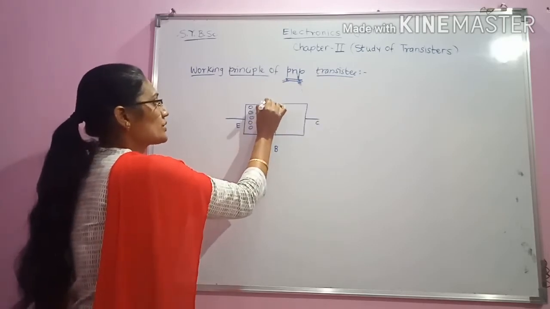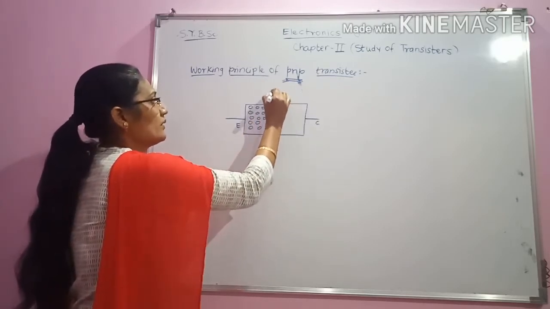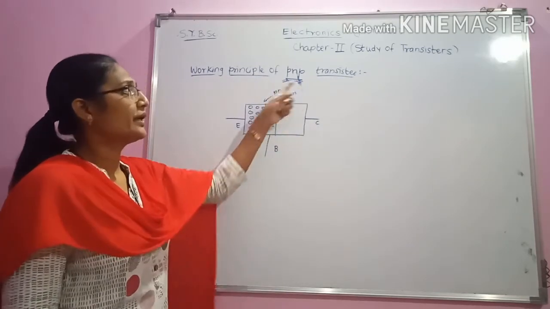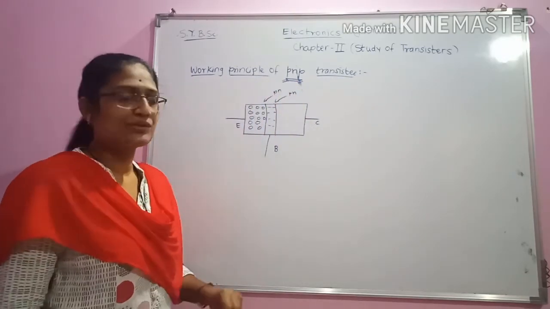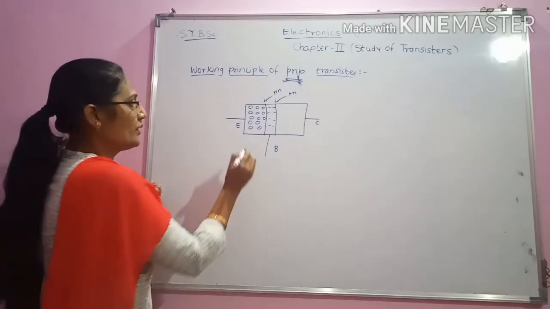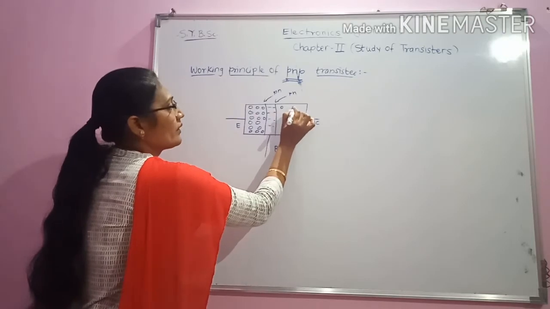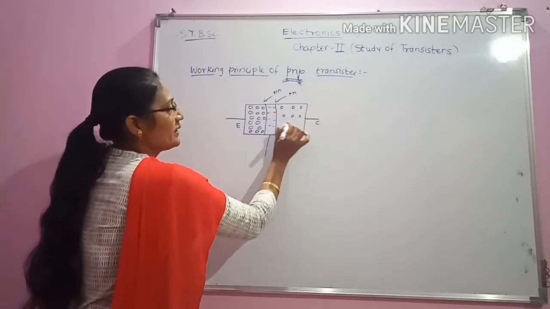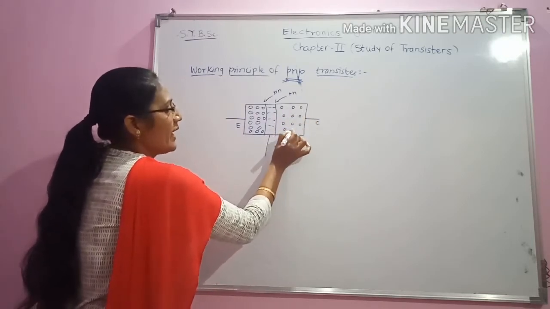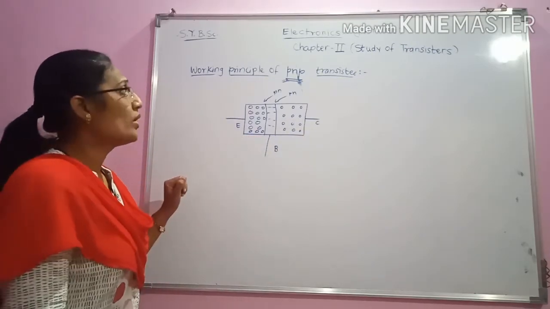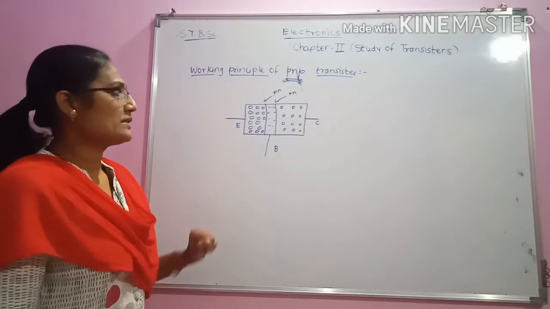These are the two PN junctions. This is one PN junction, this is another PN junction. Therefore, any transistor consists of two PN junctions as shown in the figure. Therefore, here the number of holes present is less as compared to the collector section. This is the diagram for the PNP transistor.